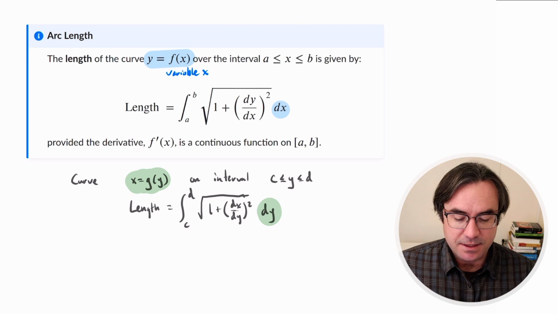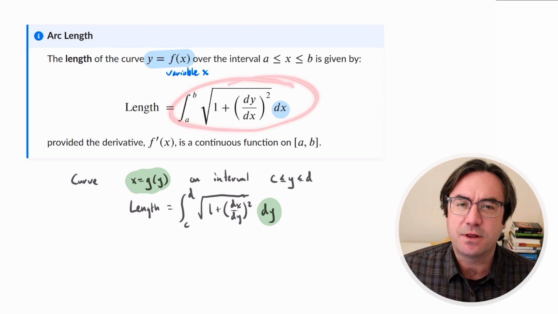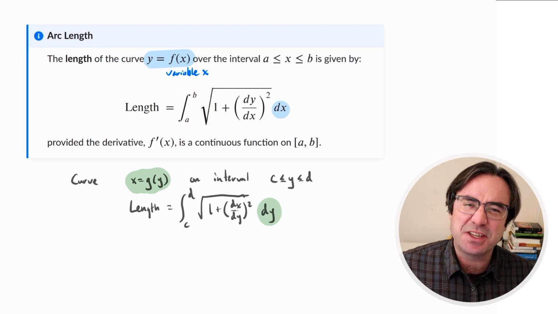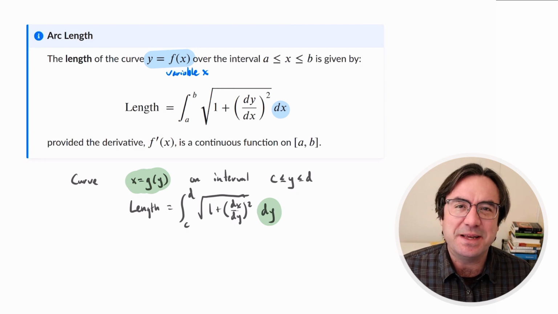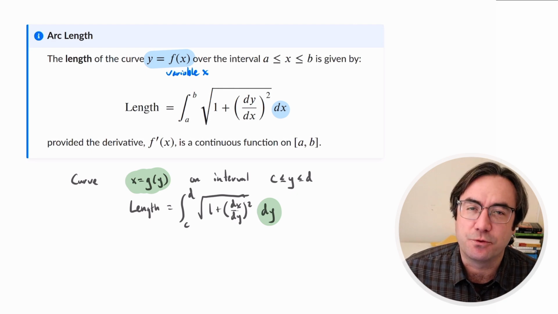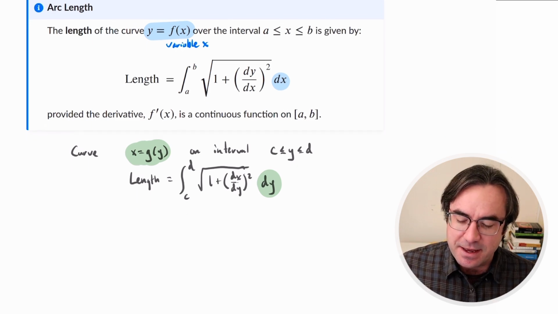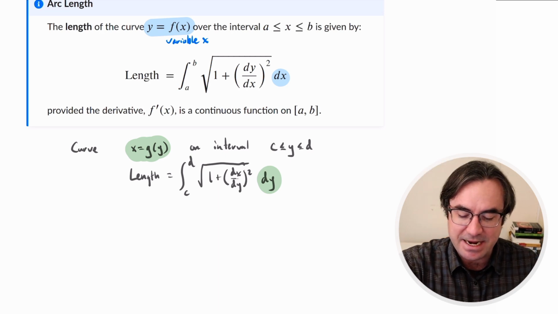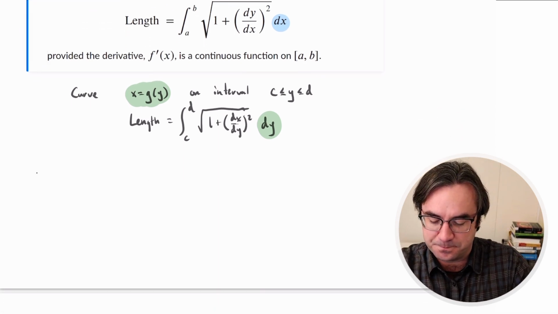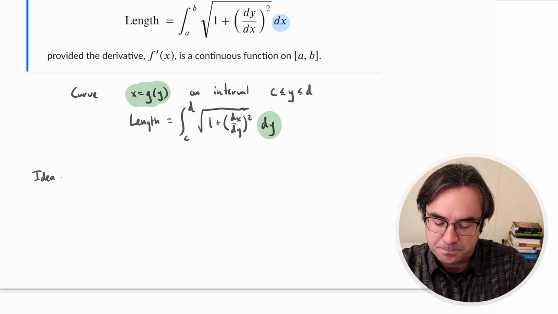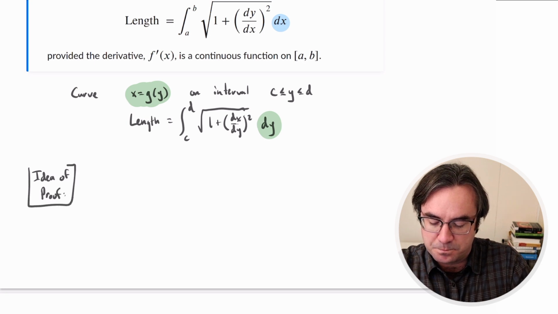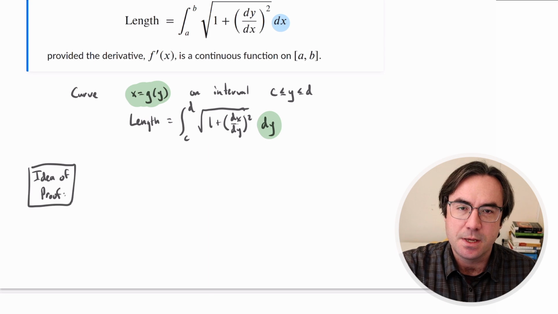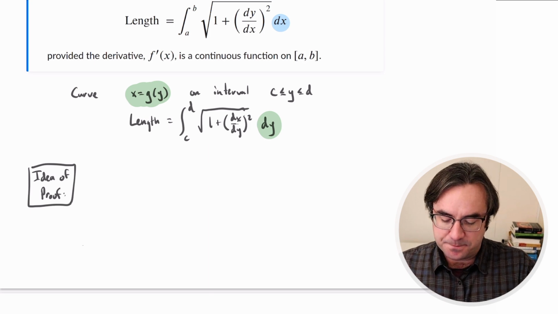In any case, where does this formula come from? Let's look at the idea of how to prove this. We're not going to prove it precisely, but I think it's instructive to look at where this formula actually comes from. So let's suppose we have a curve.